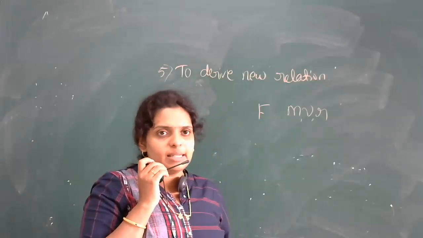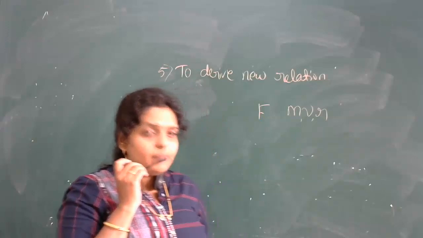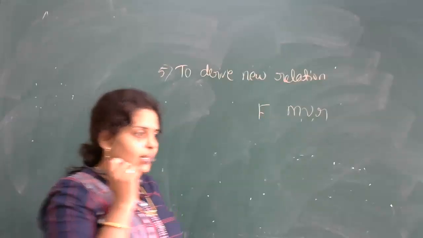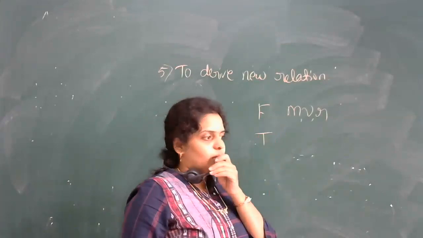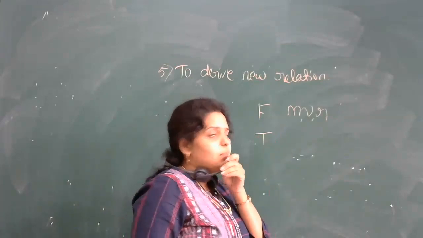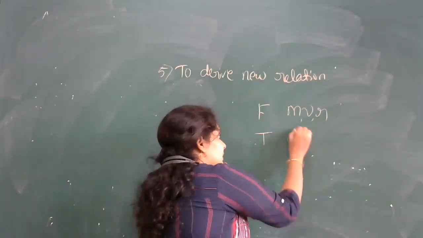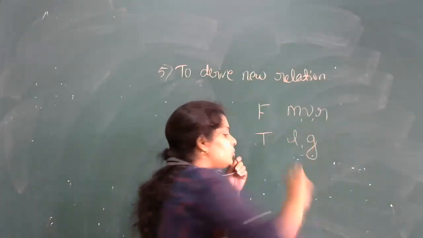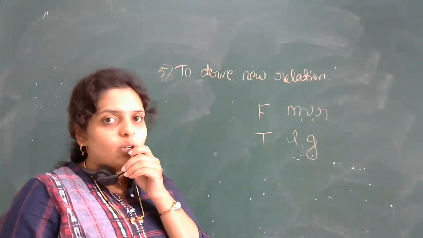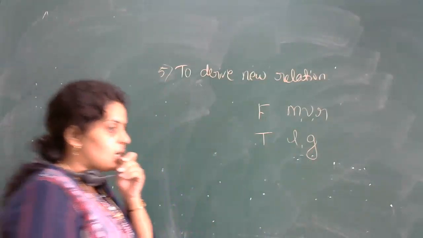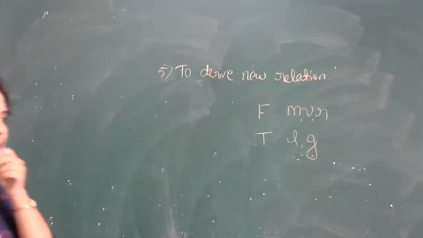In the exam, they can ask any example in any question. So this is one example. Then the second example which I will take is the time period of a simple pendulum.